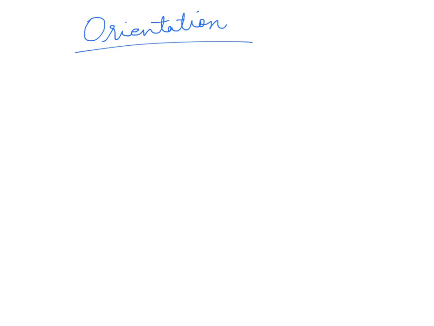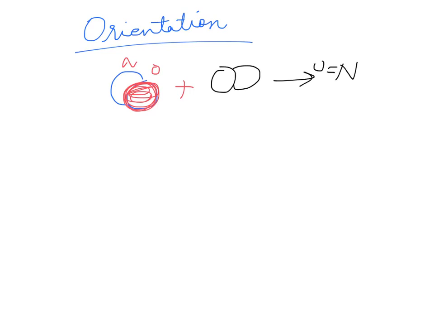So for example, if you have NO, that's nitrogen and oxygen, and that has to react with Cl2, and the product is supposed to be NOCl.